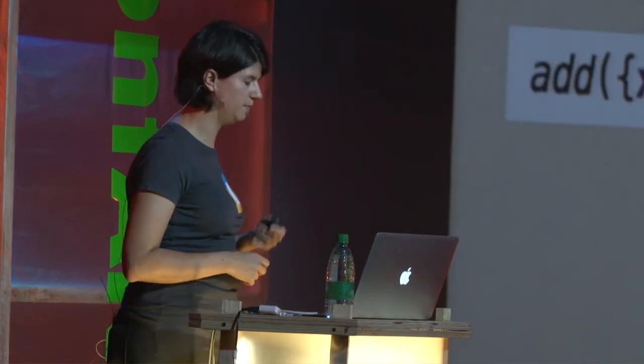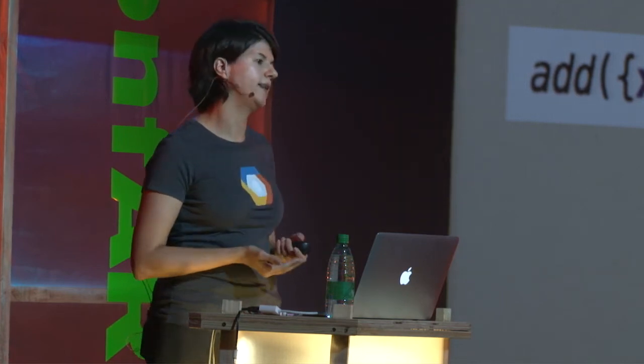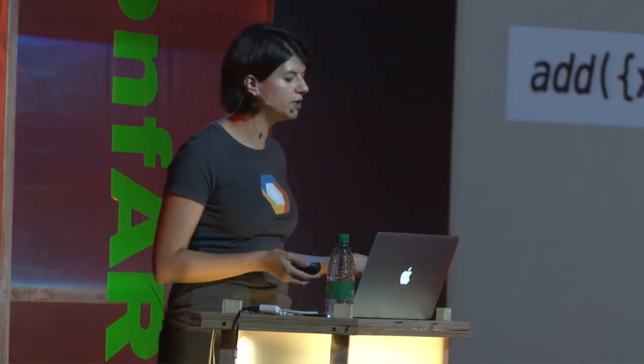So here's a more specific example. It's a tiny little function, add. It adds 1 to the property x of an object that you pass in. Very simple function. The very first time that we want to run this function, the compiler says, oh, I don't know this function, I have to compile it into machine code.